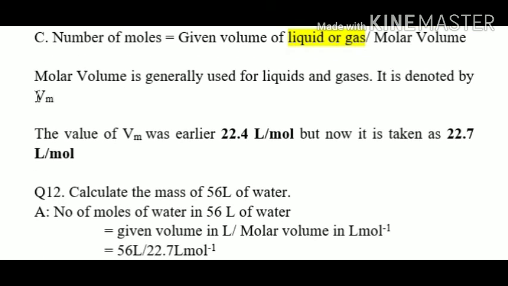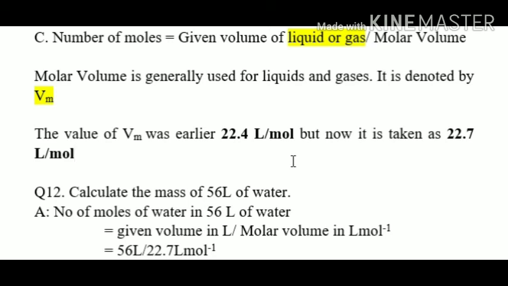So the molar volume is denoted by V suffix M. The value of Vm was earlier 22.4 liter per mole. So the molar volume of a gas or a liquid is the volume of 1 mole of the gas or the liquid.